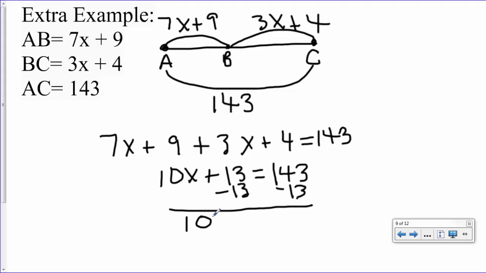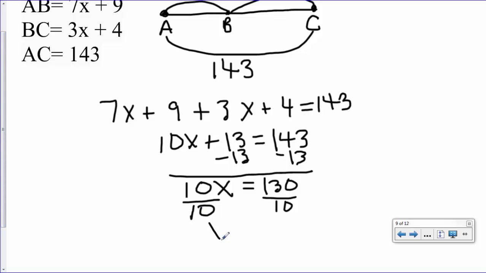We now have 10x equals 130. Divide both sides by 10. x equals 13.